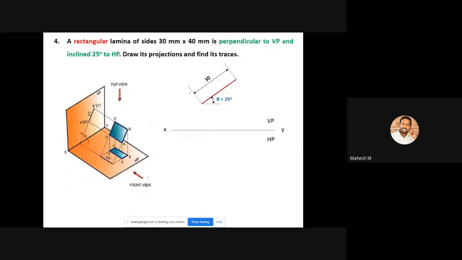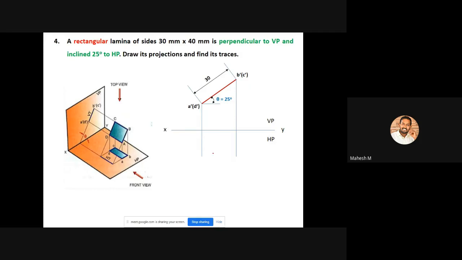Now you can mark the notations. The notations will be a dash bracket d dash and b dash bracket c dash, because this is our problem. In this problem you are looking from the front view direction, so you can see this a point and b point, you can't see this c and d. Now you can project these two points up to the top view position.